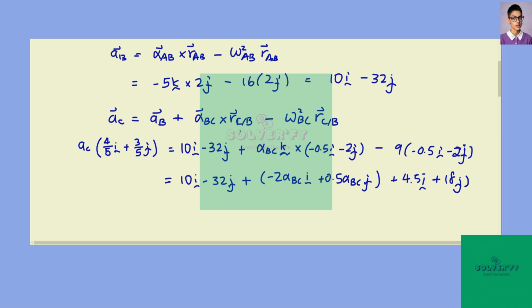Group all the terms, we get 14.5 minus 2 alpha BC i plus minus 14 plus 0.5 alpha BC j.